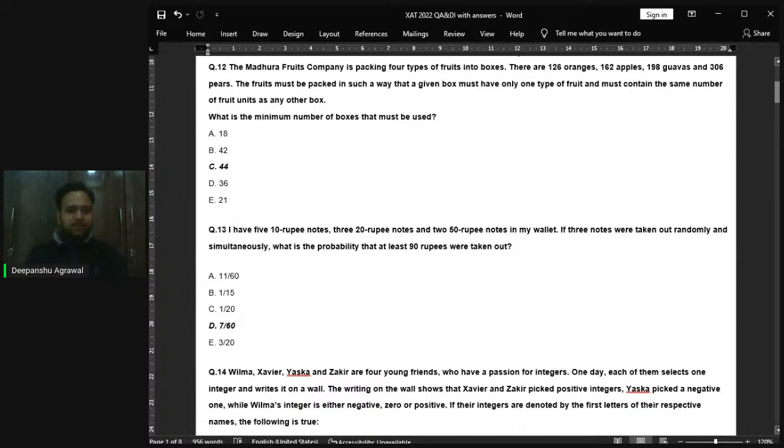The fruits must be packed in such a way that a given box must have only one type of fruit and must contain the same number of fruits as any other box. Okay. So 126 oranges are there, 162 apples are there, 198 guavas are there, and 306 pears are there.